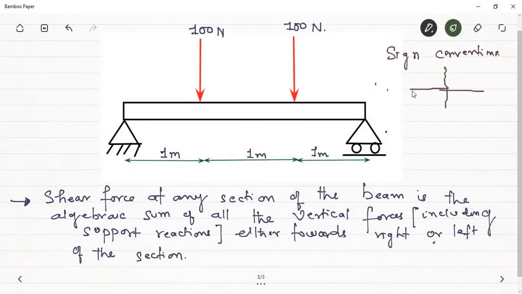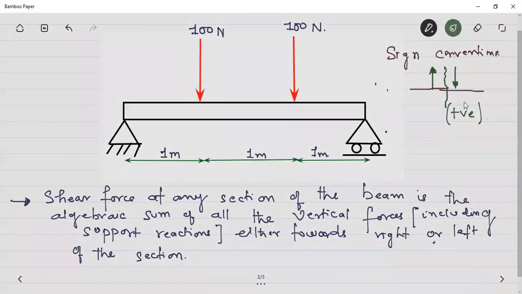If towards the left of this section we have a net upward force, or towards the right of the section we have a net downward force, then the shear force at this section is said to be positive.